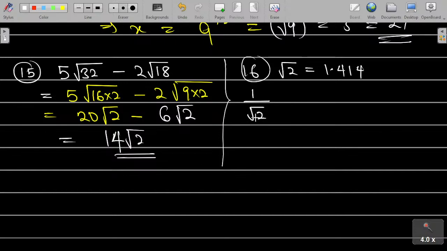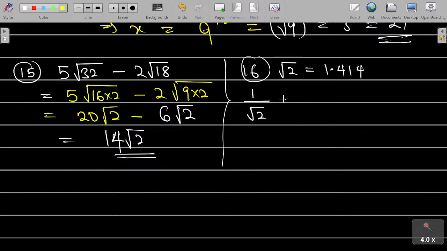First of all, you may choose to just substitute immediately and then divide 1 by this 1.414. But that may be a little more difficult than what you will have if you try to rationalize this surd, that is, remove the radical from the denominator.